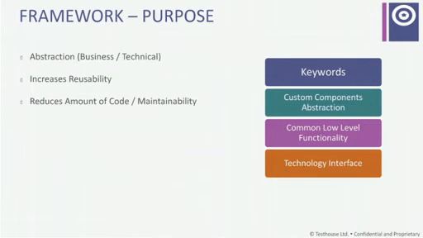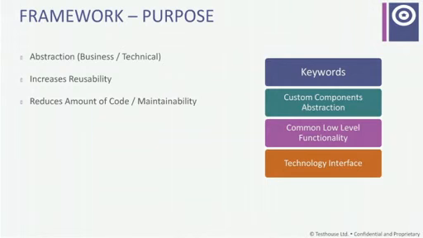The first one is it gives you a level of abstraction. So instead of having to write complex pieces of code, you create a level of abstraction, and basically you hide the complexity under sublayers.